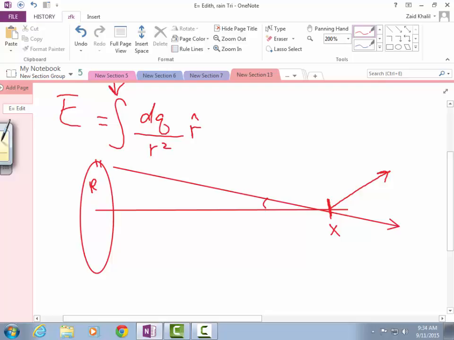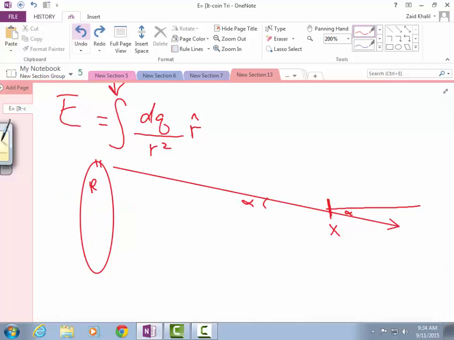So let's call this alpha, right? And so therefore, this angle's alpha and this angle's alpha. So we can just erase this angle and just look at this. How's that? Is that clear?